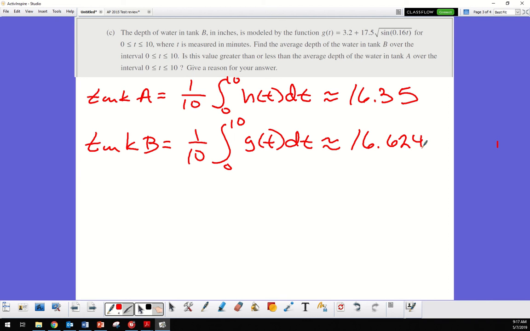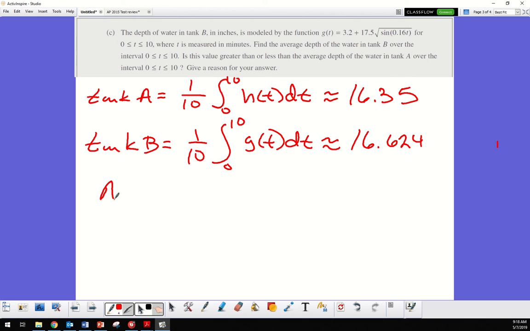Did everyone else get that? Okay. So it's asking, is the value greater than or less than the average depth of the water of tank A over the interval? Which one's greater? Tank B, right?